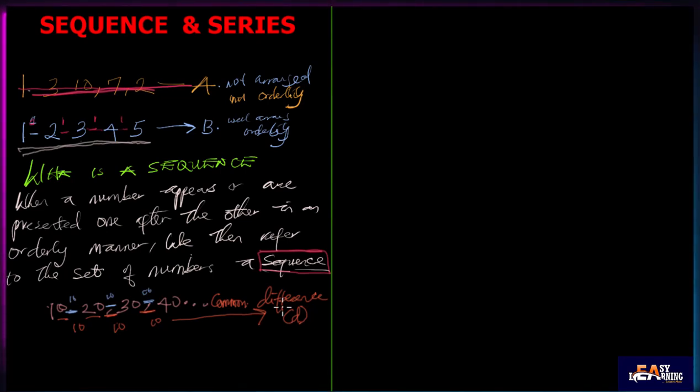Now, we've been able to establish what a sequence is: when numbers are presented one after another in an orderly manner, we call that a sequence. Sequence works hand in hand with another term that we call series.